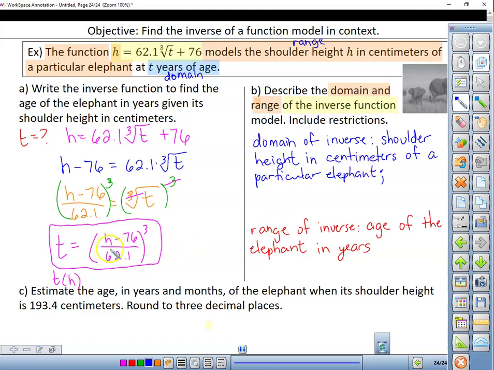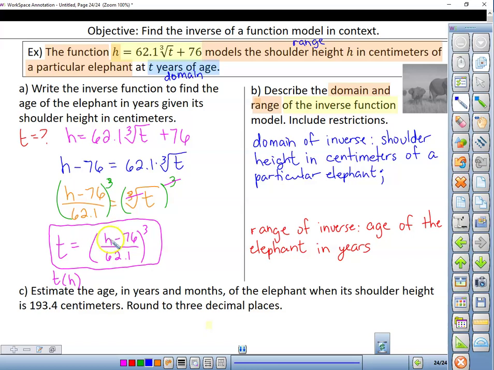However, in the context of our model, if we even use a shoulder height of 1, then this quantity would be negative, and t would then be the cube of a negative number, which would be a negative number, which doesn't make sense.